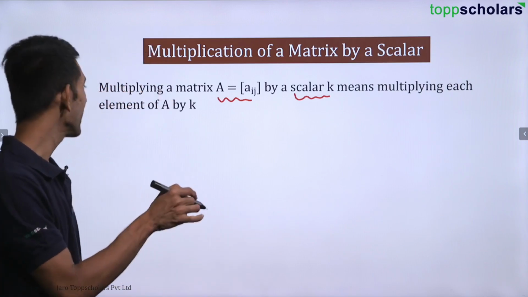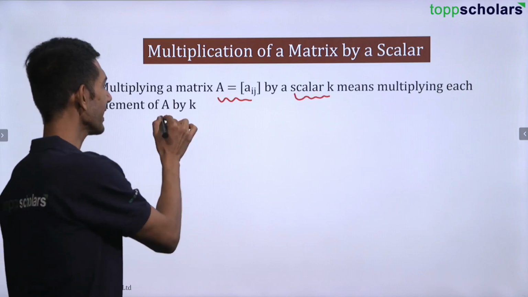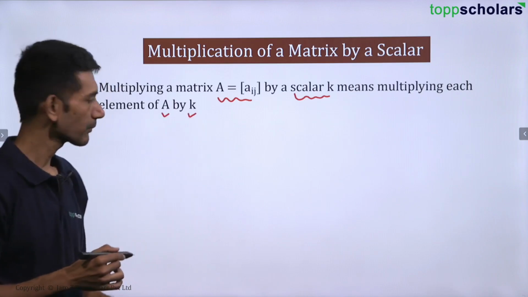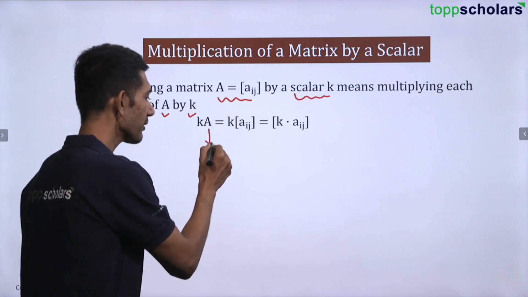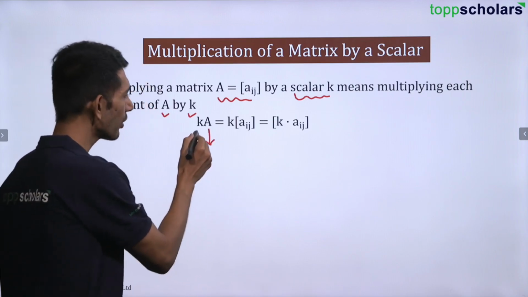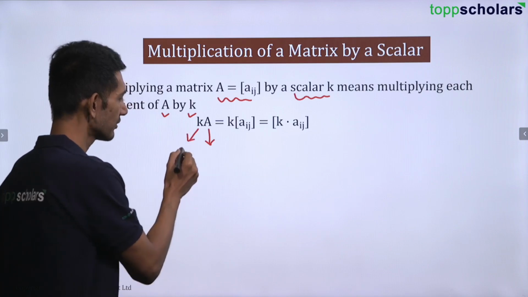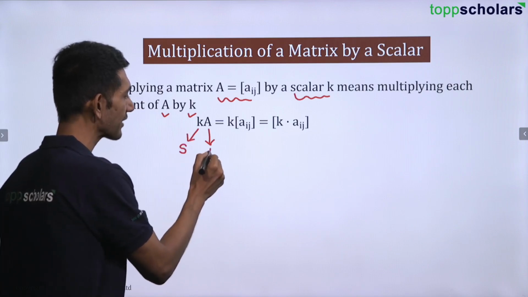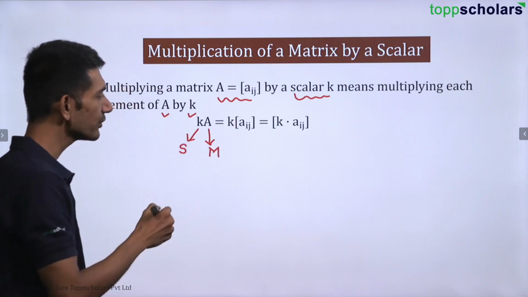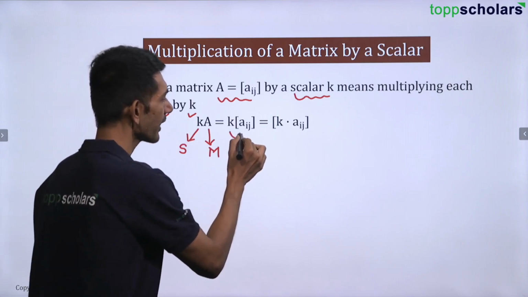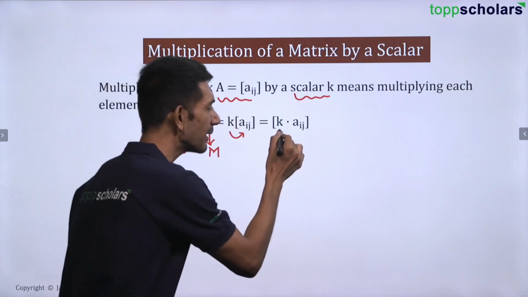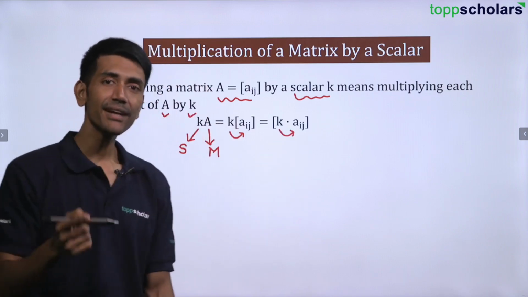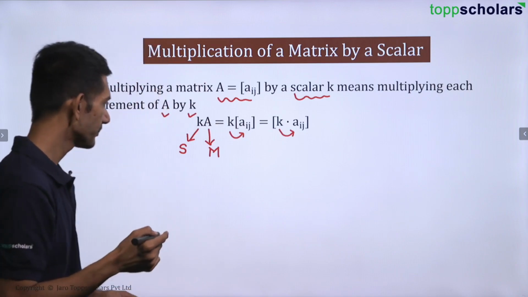So meaning multiplying each element of A by K. So A is a matrix and K is a scalar. That gives you K times Aij. So K goes inside and gets multiplied with every element of the matrix, right?